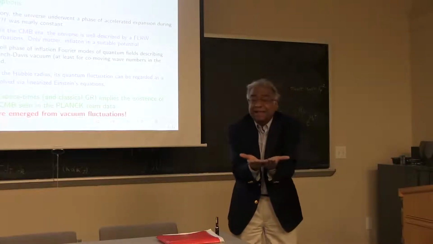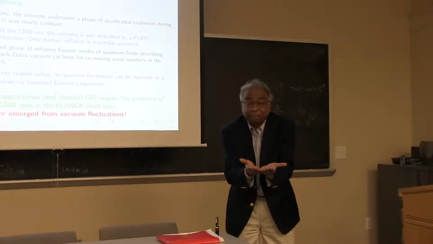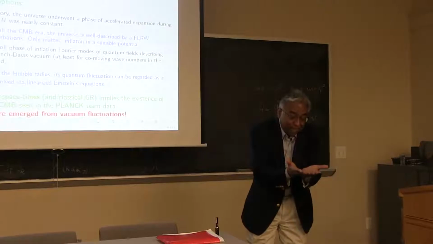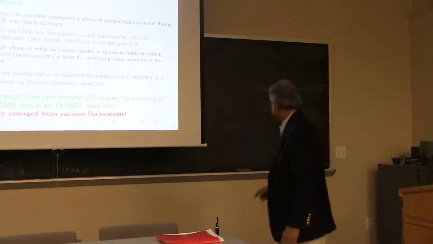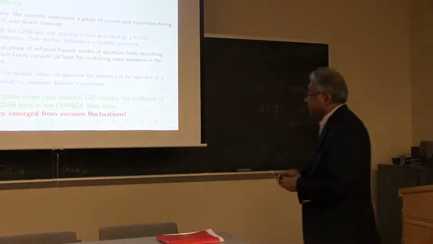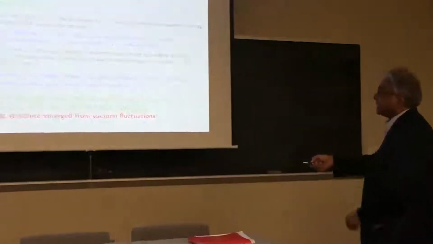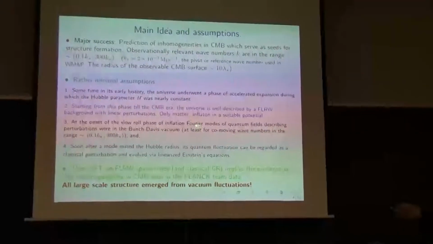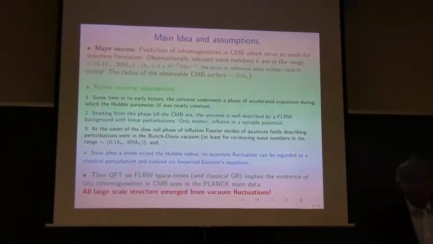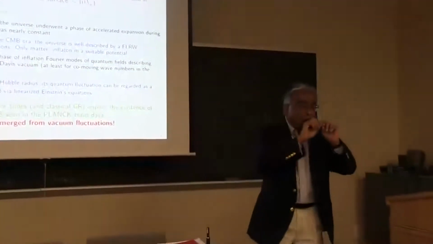So they are as little excited as possible. But which vacuum state? It is a vacuum state which is compatible with the de Sitter invariance. So starting from this phase until the CMB era, at the onset of slow roll inflation, the quantum fields are in the Bunch-Davies vacuum.